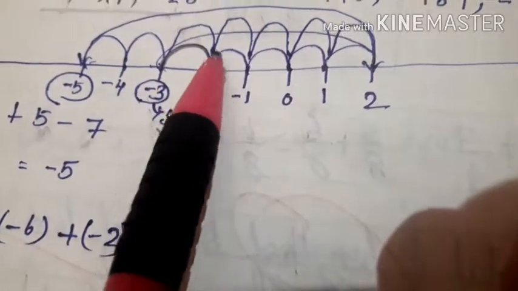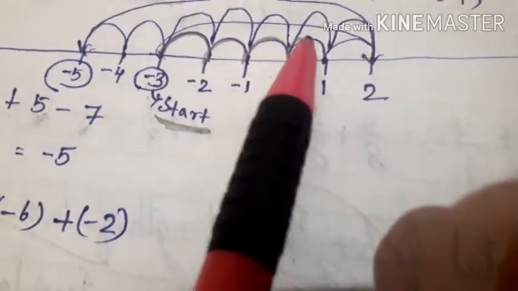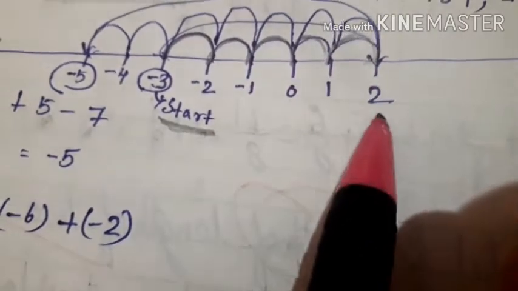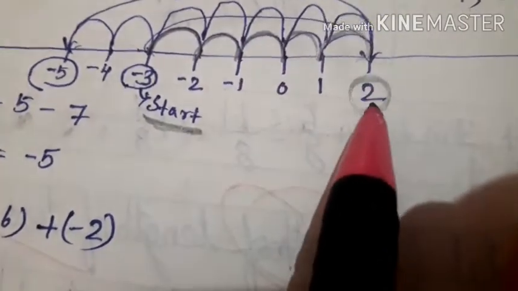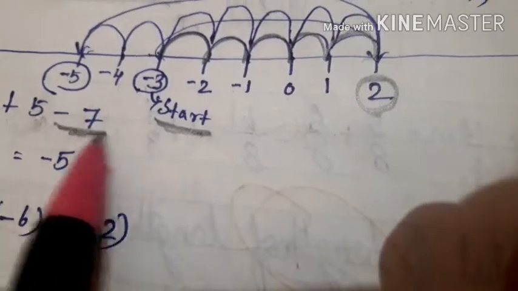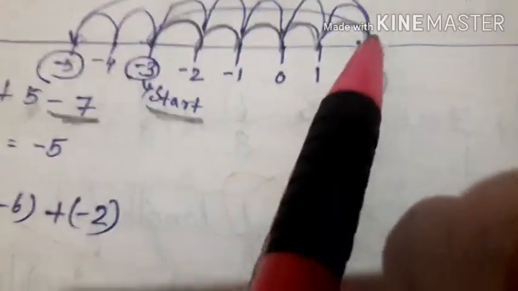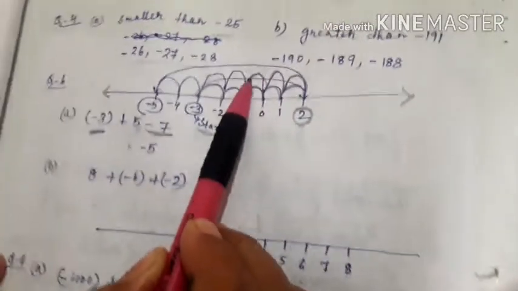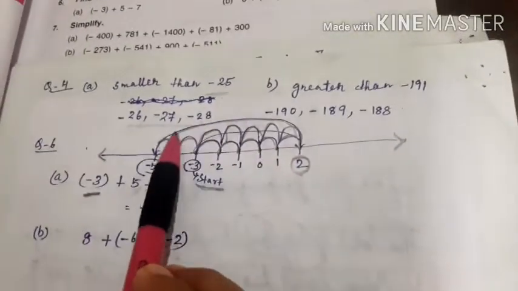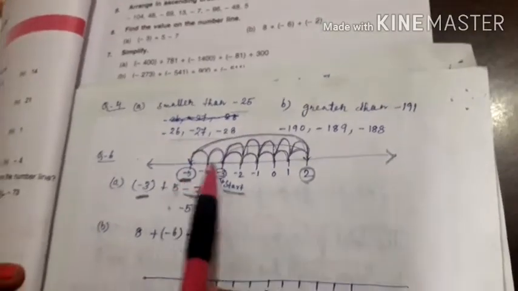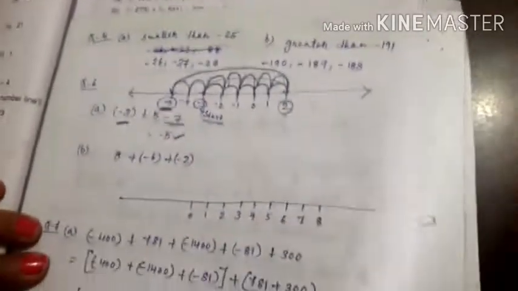That is 1, 2, 3, 4, 5 steps. Then you will reach 2. Okay. Then minus 7. Minus 7 means you have to go left side 7 steps. Here you put these steps 1, 2, 3, 4, 5, 6, 7 steps. That means you go from 2 to minus 5. Your answer is minus 5.